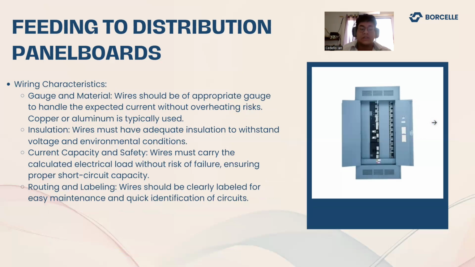For the wiring characteristics, we have the materials, where there should be a proper gauge to handle the expected current without overheating risk. Other materials are copper and aluminum, which are typically used for these panel boards and cables. In insulation, we must have adapted insulation to withstand voltage and environment conditions.